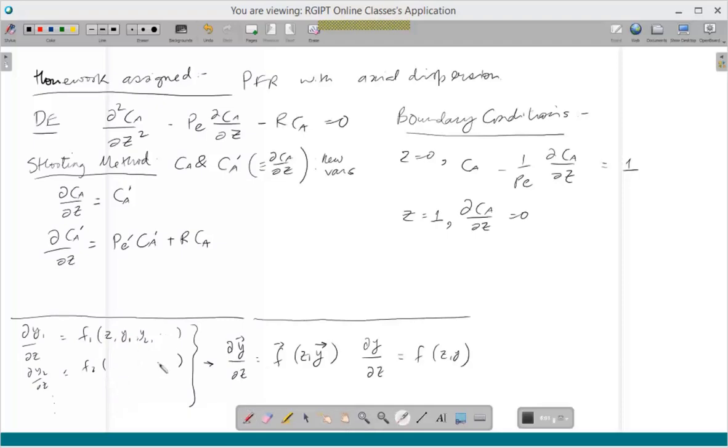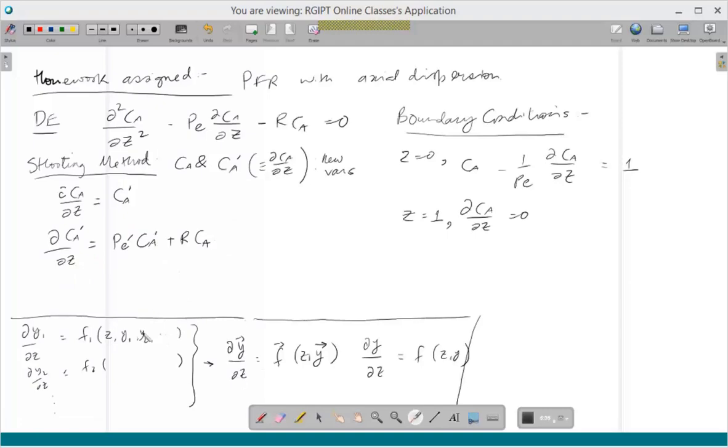So this is an IVP for multiple variables, and this is exactly the same form I have here. y1 can be identified with Ca, y2 can be identified with Ca prime. f1 is known, it is just y2, and f2 is given by this quantity, which is a function of y1 and y2. There is no explicit dependence on z on the right hand side here.